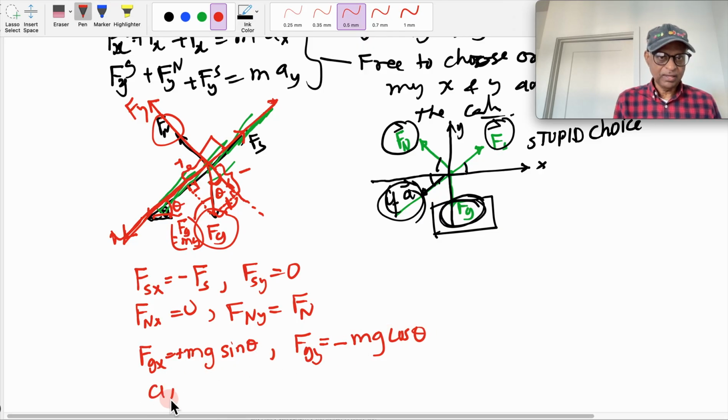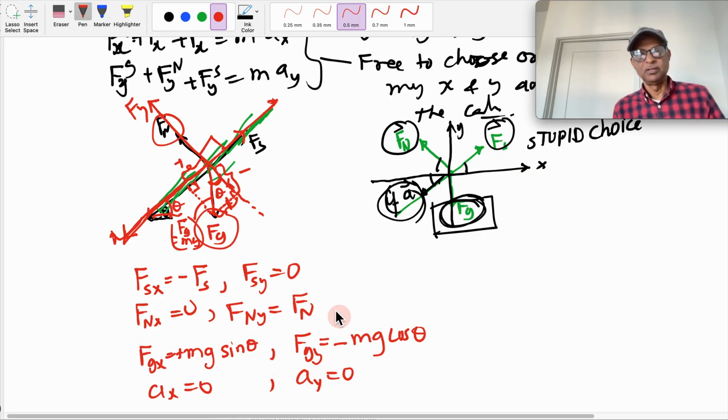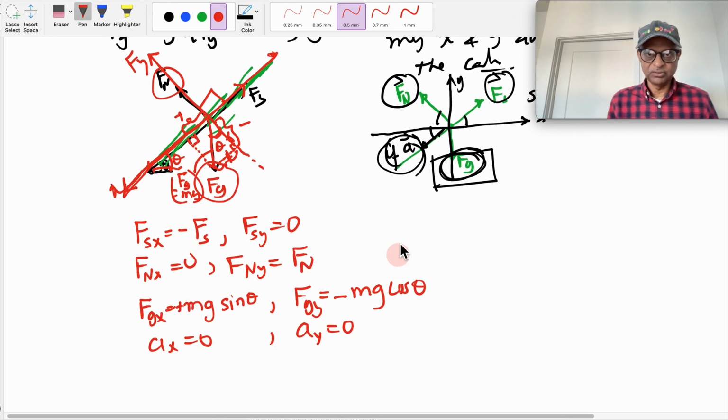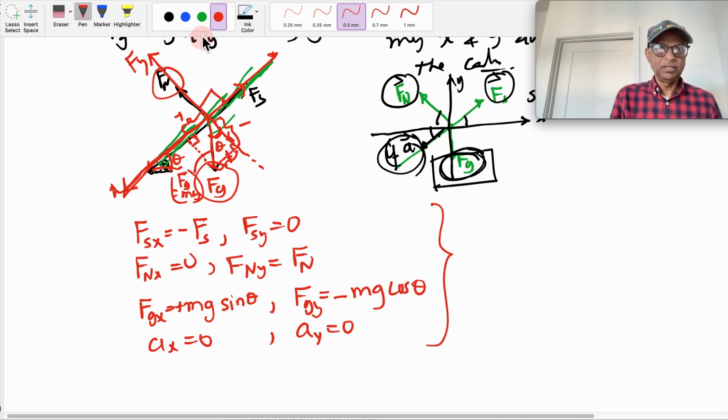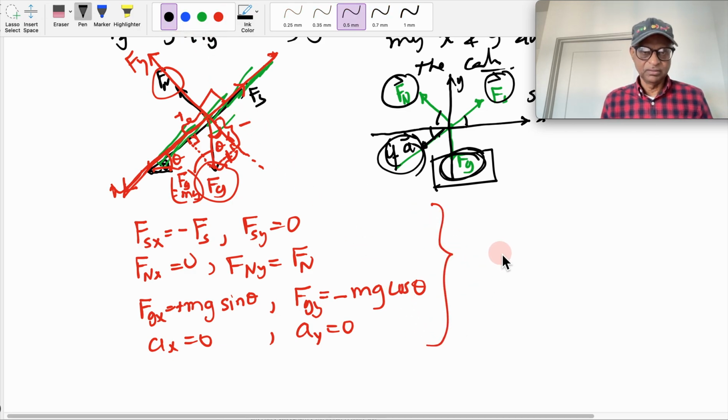Of course, ax is 0 and ay is 0 here. But if that was not the case, we would have worked out acceleration also. So from this, it is trivial: this plus this plus this equals 0. So minus fs plus 0 plus mg sine theta equals 0.